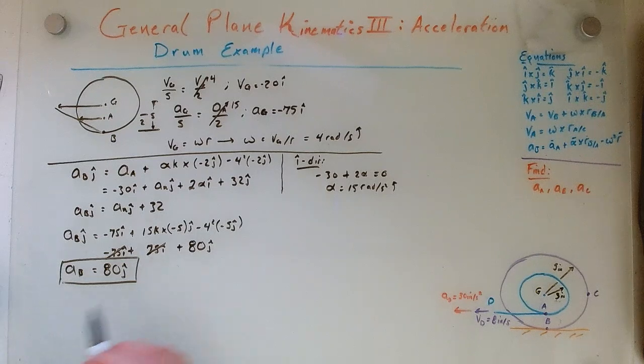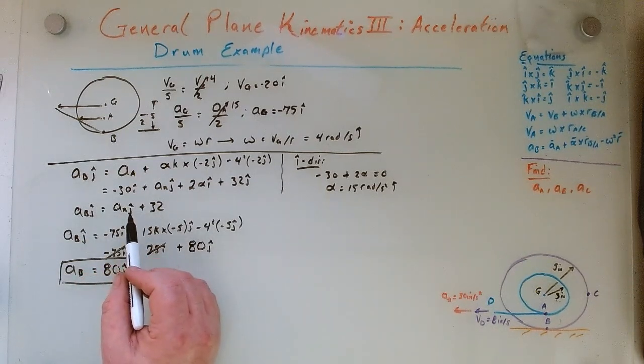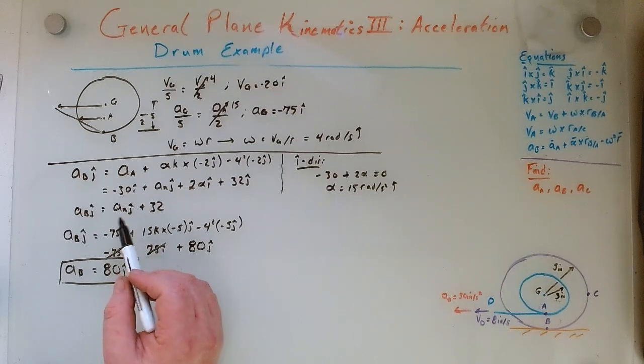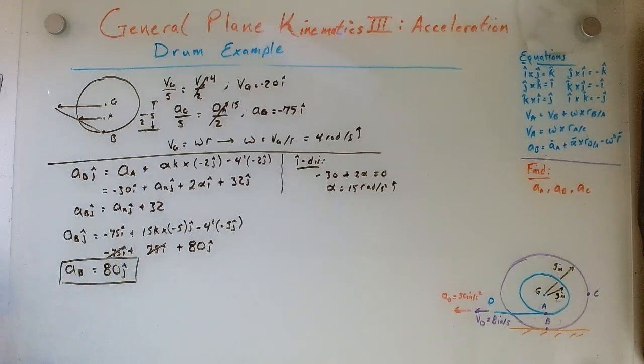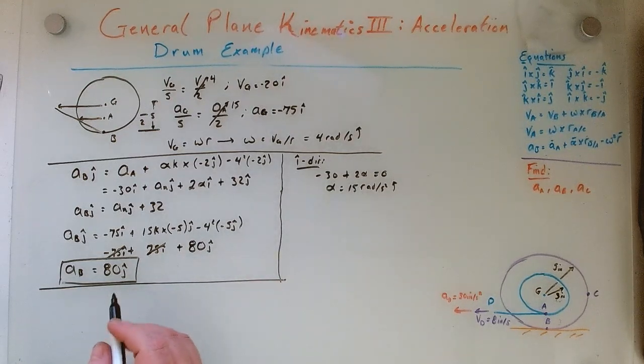Alright, and coming back to here, that means that we also have the value for the normal component of a, right? So that's handy. Let's see if we can do a sub A. Let's do it this way.